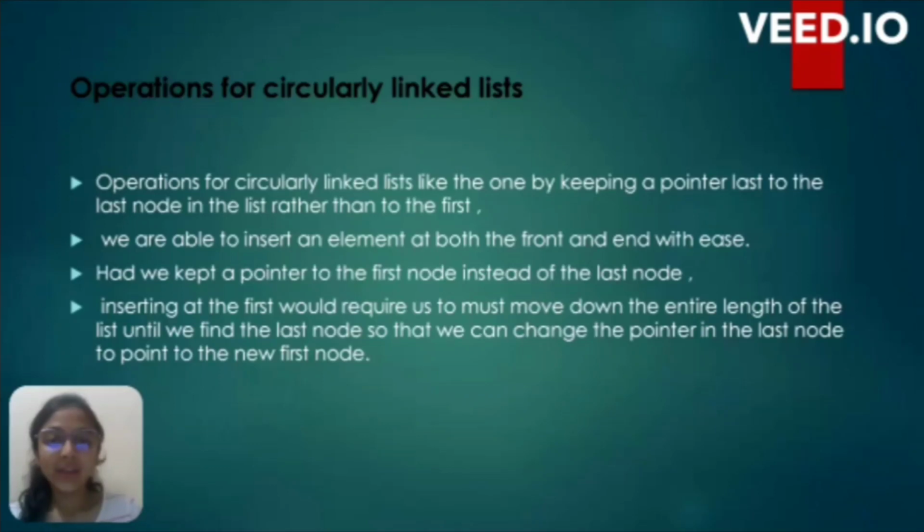Had we kept a pointer to the first node instead of the last node, inserting at the front would require us to move down the entire length of the list until we find the last node, so that we can change the pointer in the last node to point to the new first node.